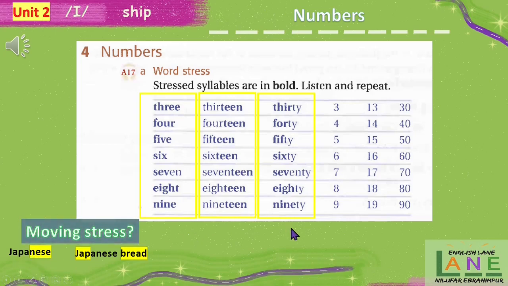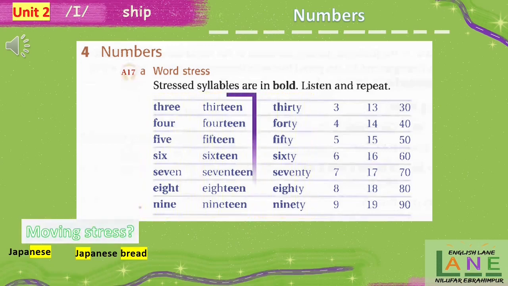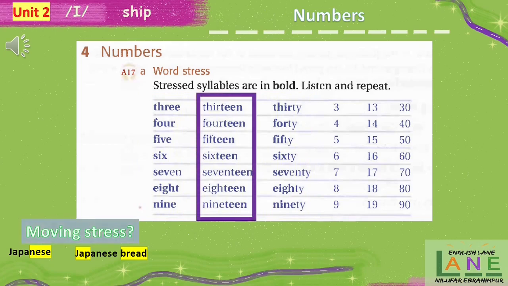Which group? Yes, the words with final syllable teen. So when I say the word alone, or at the end of a sentence, or before a pause, I should say 15.